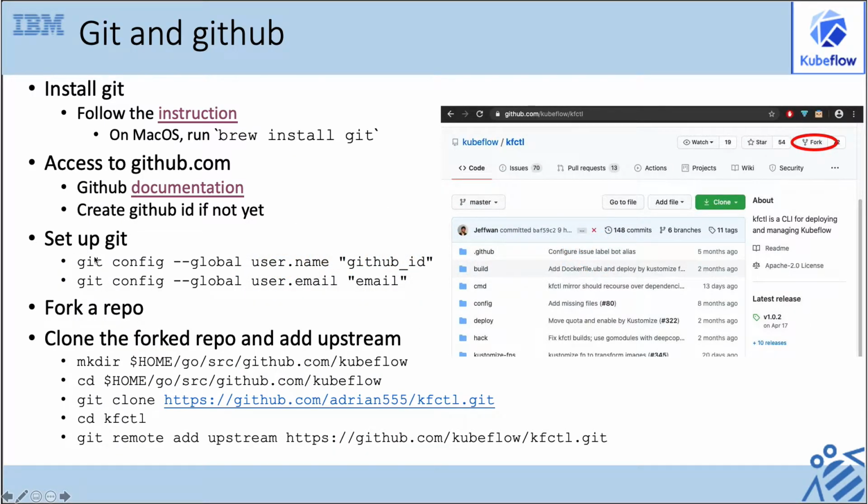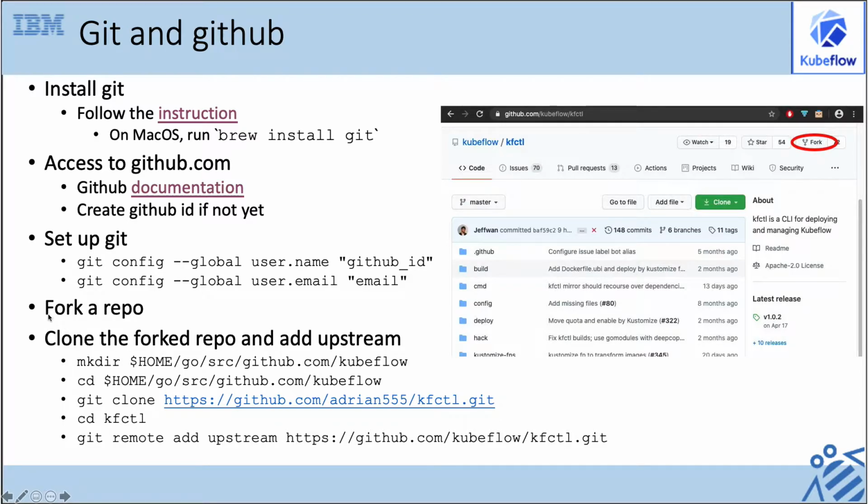To set up Git, first you need to configure your user name and user email in the Git config. Whenever you deliver some code with a commit or create a pull request, your name, your GitHub ID, and your email are used there.